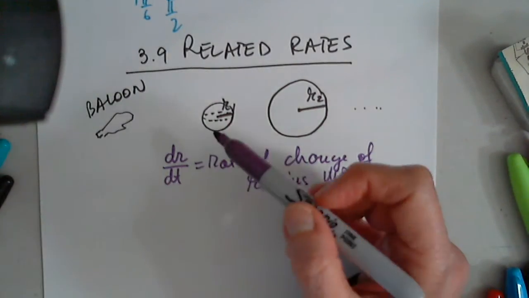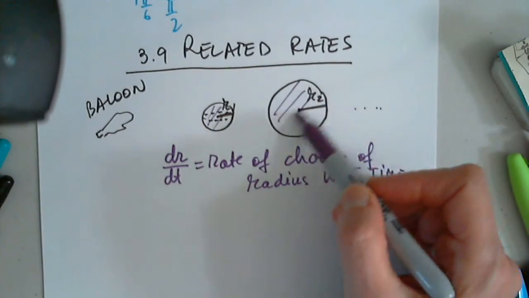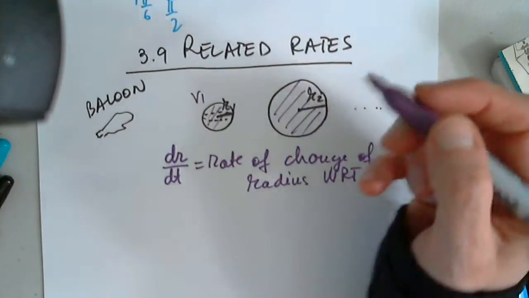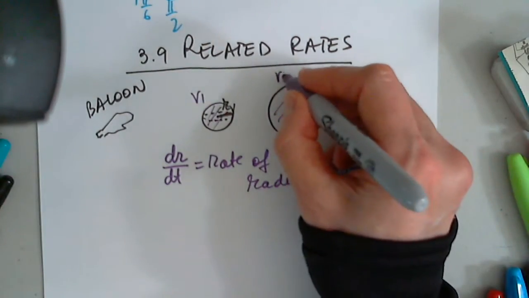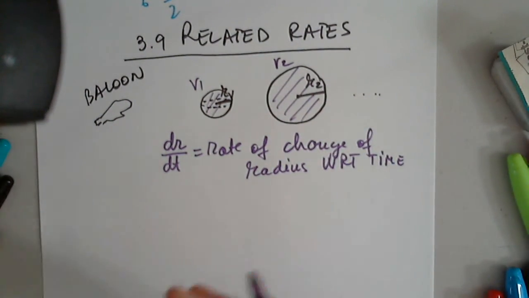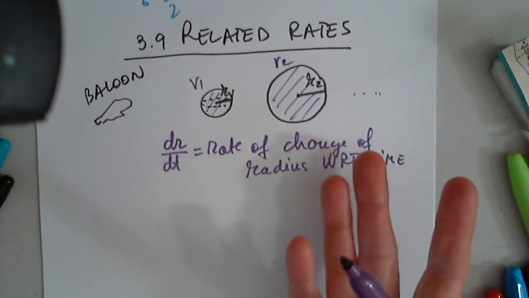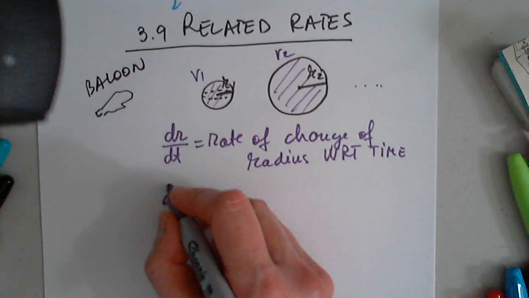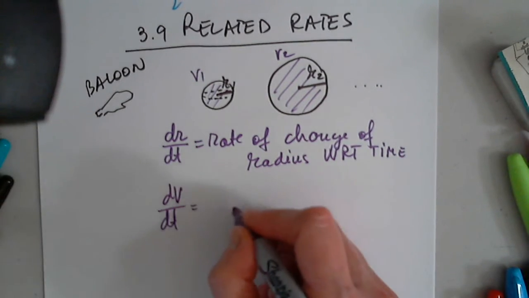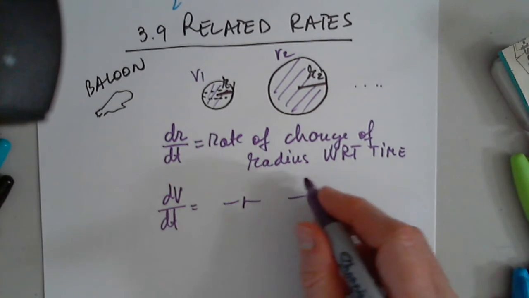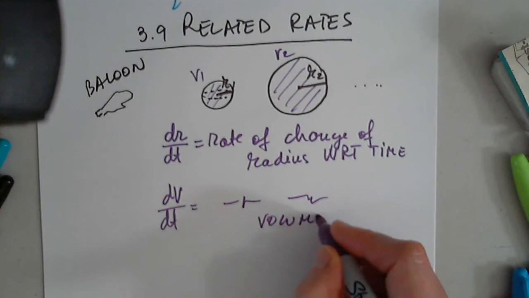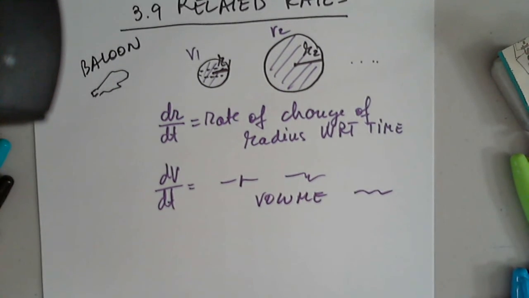What else changes? The volume. So this is volume V1, and then I pump more air. This is volume V2. I created a new function, volume, and it has a rate of change. So dV over dt will be the same thing, but the rate of change of volume with respect to time.